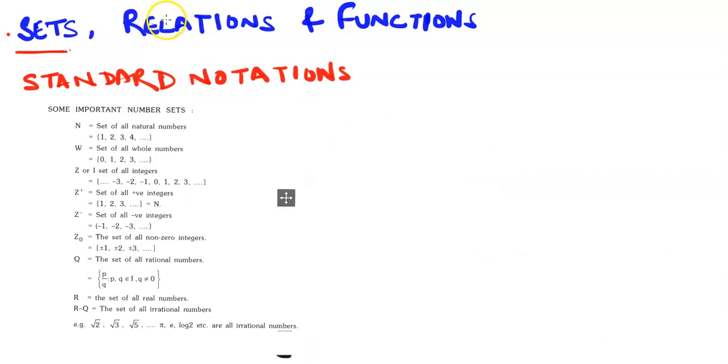Okay, some other standard notations you will notice. Some of the sets are defined by a standard name or number or alphabet. For example, you will often see N defining the set of all natural numbers.